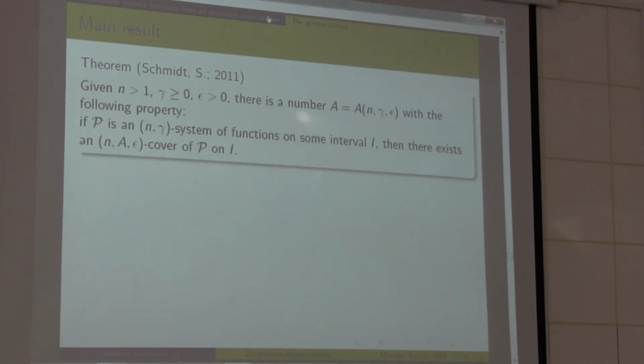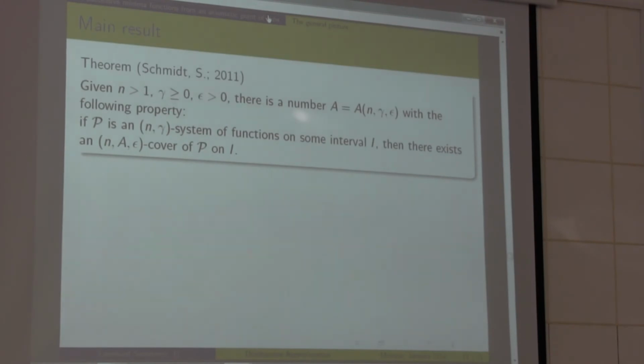And not only for a finite interval, but also for infinite intervals. So the difficulty is to find a width such that you may glue together all those different strips to obtain a cover on this interval. And this interval may be infinite.